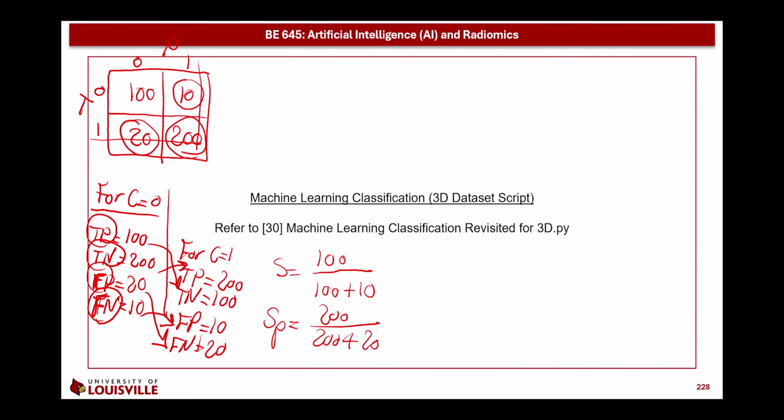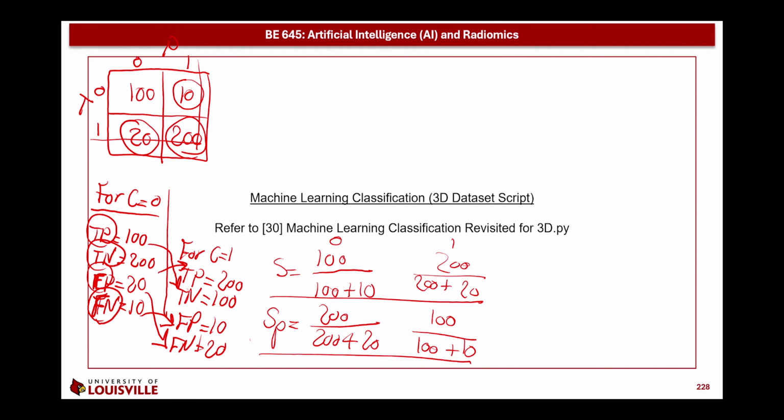If you did that with class 1, it will be true positive, which is 200, divided by 200 plus 20, and here it will be 100 divided by 100 plus 10.